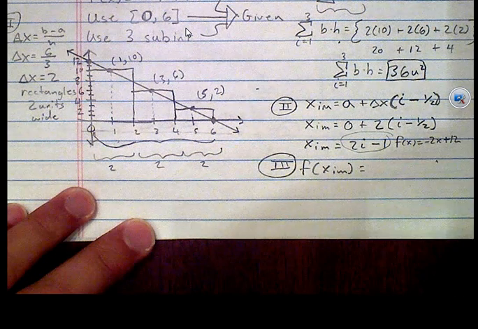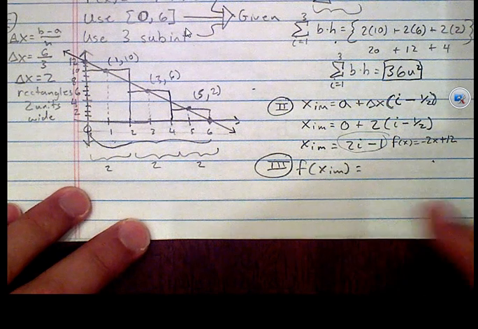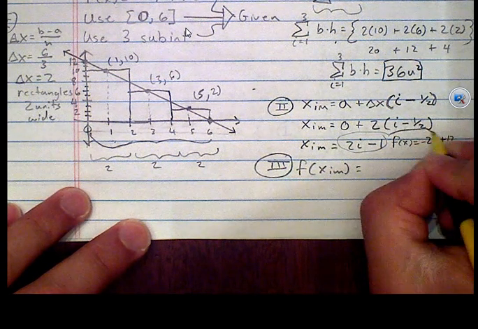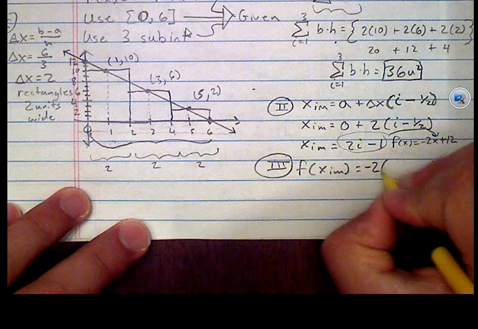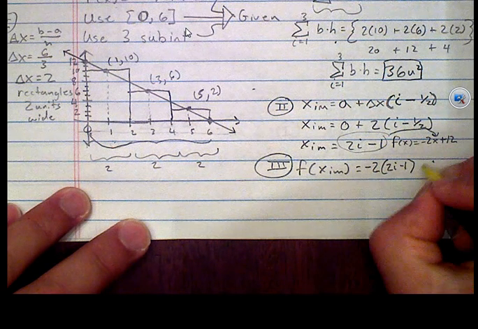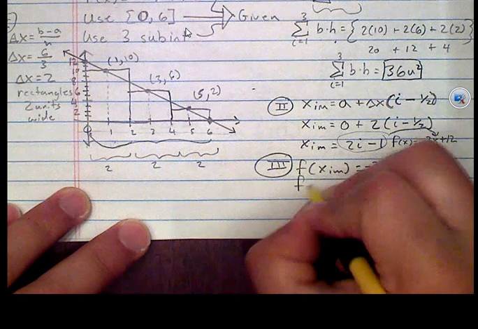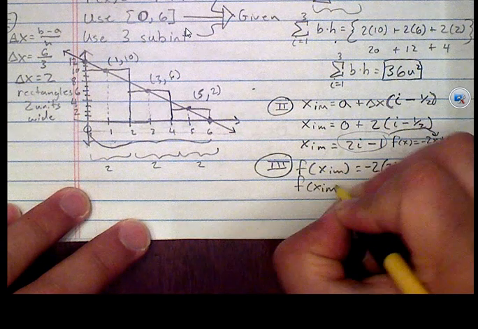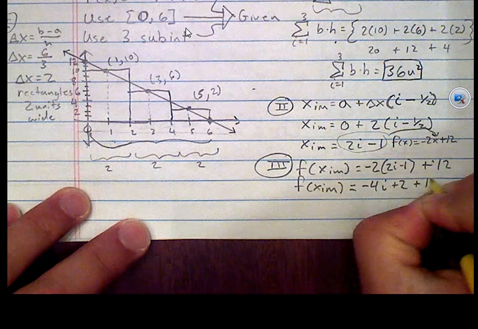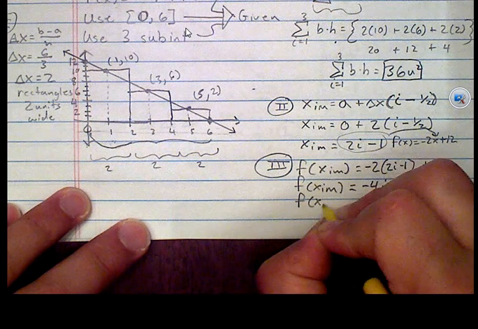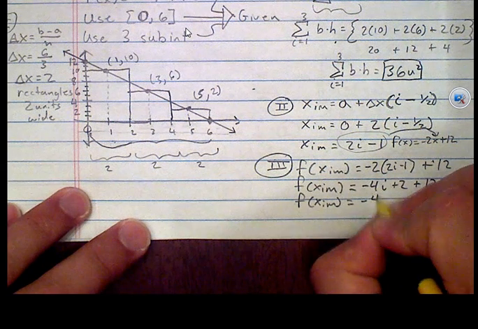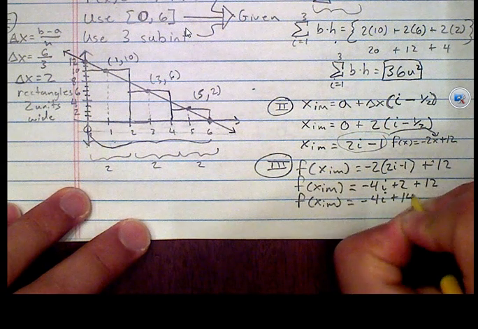I hope y'all remember. So we plug that in for x, and we have to use parentheses: negative 2 times (2i minus 1) plus 12. f of x of i m equals negative 4i plus 2 plus 12, which equals negative 4i plus 14. There we go.